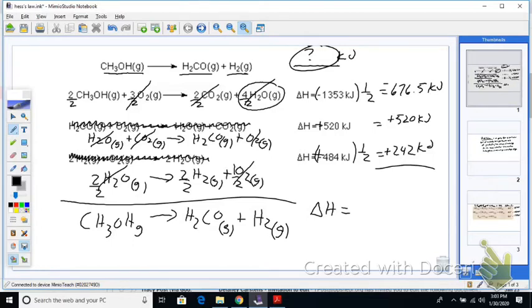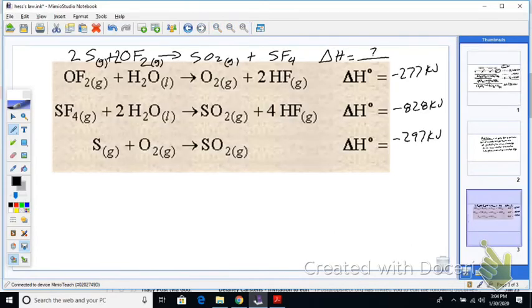I got 85.5 kilojoules. So for that reaction, you have to put 85.5 kilojoules into it for it to go. Not per mole, but just for that reaction. Does that make sense? Okay, let's try the second one.